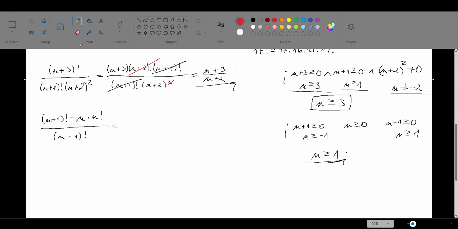But the mistake I made here is that from this inequality, the true story is that n is greater or equal to -3, and from this inequality is true that n is greater or equal to -1. So basically -1 is greater than -3, so this one is not correct. The correct condition is that n must be greater or equal to -1.